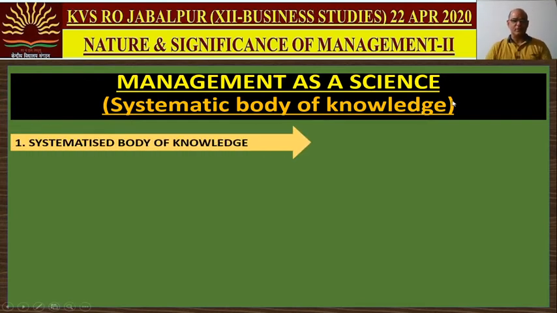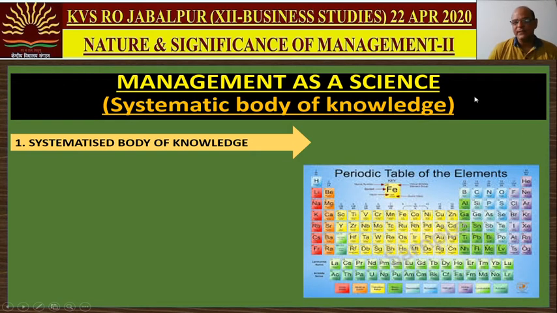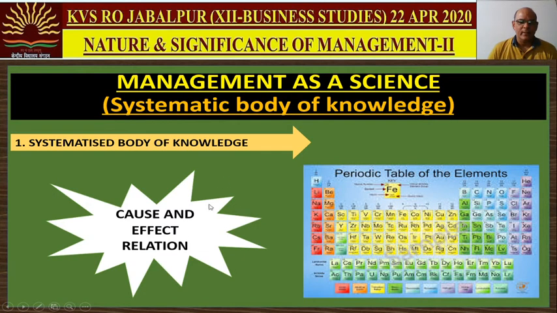Very first feature of science is systematized body of knowledge. All sciences have a very defined structure of content or knowledge which has been propounded, which has been derived through a long journey, various experiments. In management or in science, there should be cause and effect relationship.